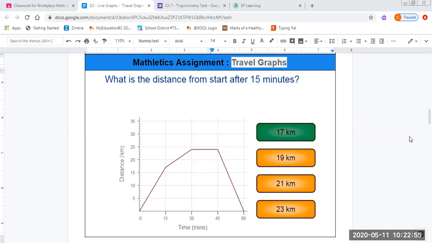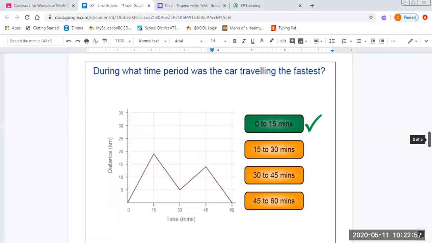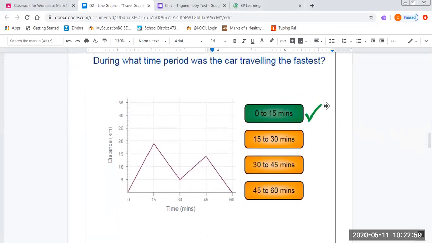The next question says, during what time period was the car traveling the fastest? In this case, we can see that the distance is the key to telling us when the car traveled the fastest. It went up from 0 all the way to 20, looks like 4 kilometers an hour, 24 kilometers in a 15-minute period.